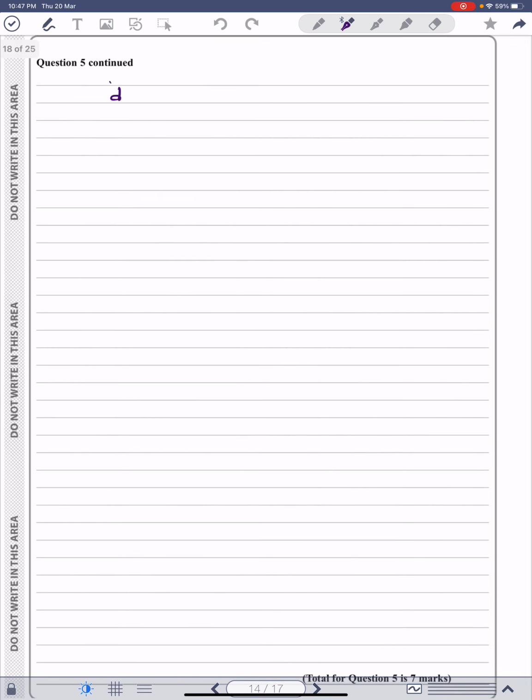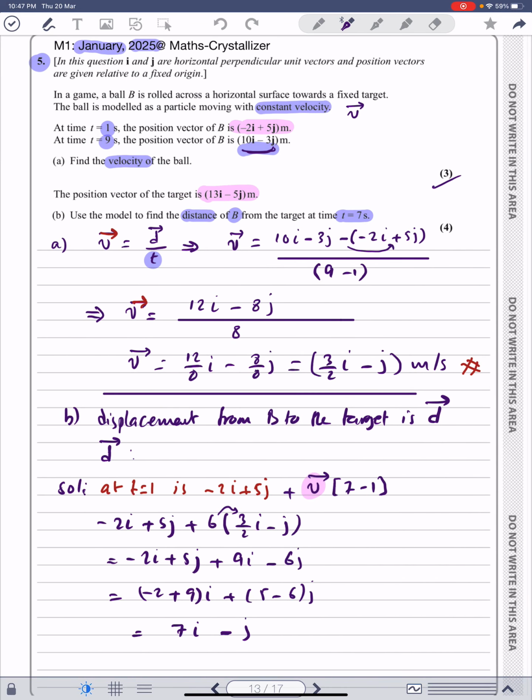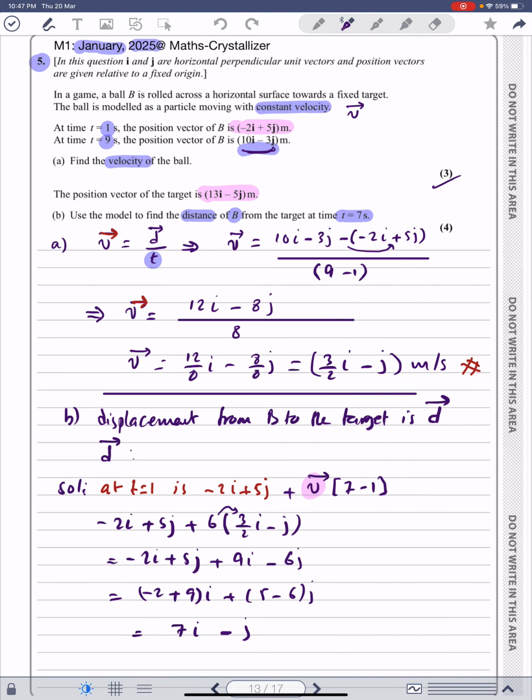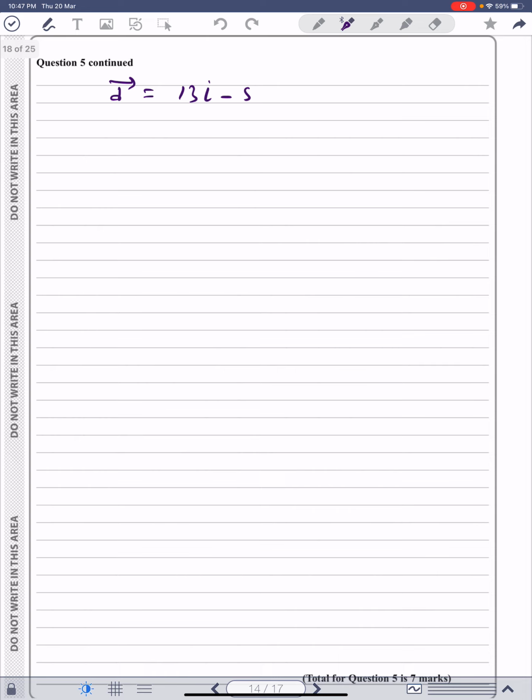The vector D is the relative vector from the given one, the final one, which is 13i minus 5j, minus the vector 7i minus j. Simplifying as well, 13 minus 7 is 6i, minus 5 minus negative 1, which is negative 4j, giving 6i plus negative 4j.